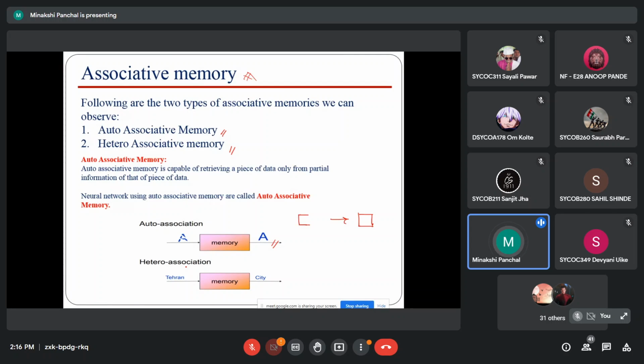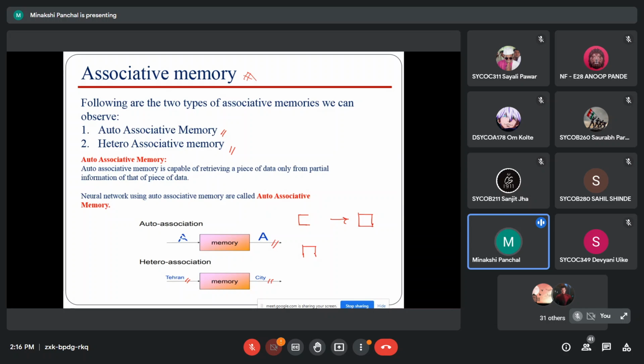What about hetero association? In hetero association, hetero means different. So Tehran, one city name; we know that it gives you a city name. Another example, let me give you, like an apple square with some part missing. You use the concept of associative memory when some part is missing or damaged, or a mistake has happened, or images have become blurred.